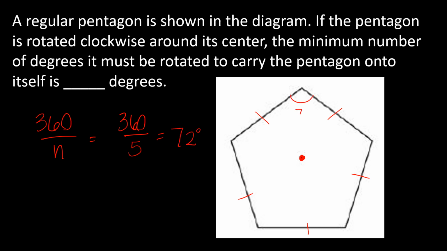So that means if I rotate it, I can rotate it by 72 degrees 5 times, and it's going to be carried back onto itself. So that means the order would be 5. I can rotate this 5 times, 72 degrees, to carry the pentagon back onto itself. So the answer would be 72.